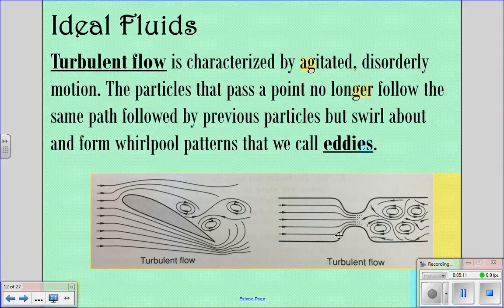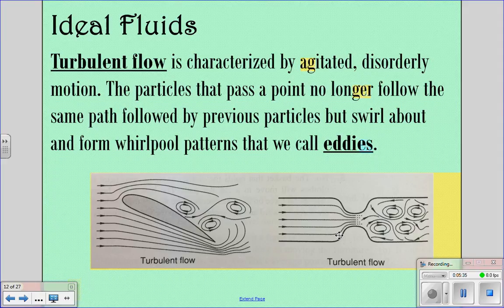A riptide is basically agitated, disorderly motion, turbulent flow from like the beach or whatever. That's why you don't want to go out in a riptide, because you're going to get sucked in, and it's not going in any predictable pattern. It's just whirling around.